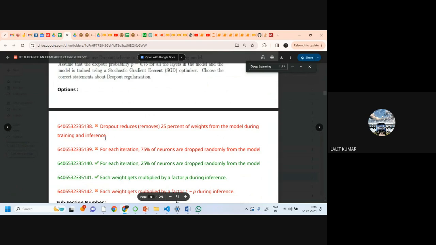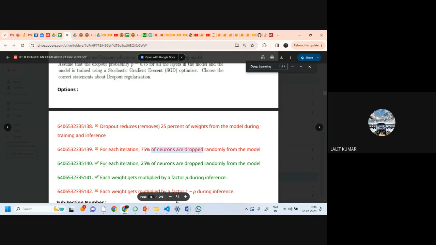So here, this inference word is incorrect for the first option. This part is correct up till here. Is it understood by everyone? Yes, clear. This inference part is incorrect, otherwise this is correct till here. For each iteration, 75% of neurons are dropped: incorrect.